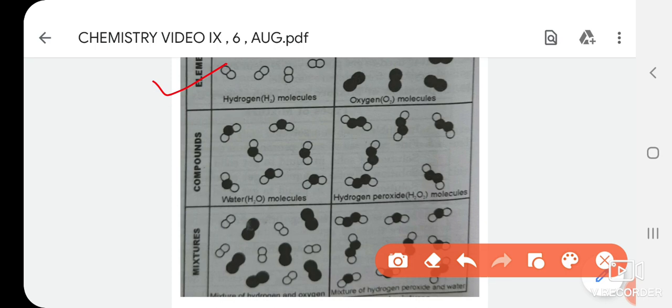An element is the basic form of matter that cannot be broken down into simpler substances by chemical reactions. Elements are building blocks of various types of substances like common salt, proteins, carbohydrates, fats. All these substances are made up of a limited set of elements. They are pure substances. They contain only one kind of atoms. They cannot be broken down into simpler substances.